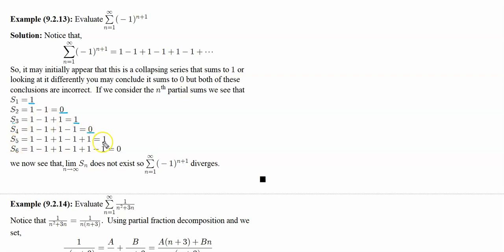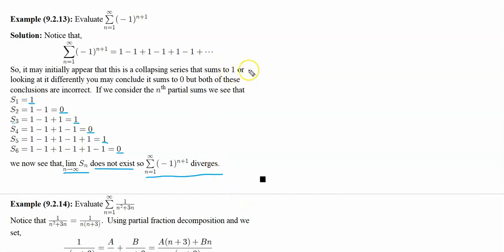And S5 is 1. S6 is 0. So now you can see that you have this alternating pattern. 1, 0, 1, 0, 1, 0, 1, 0, and so on. So therefore you see that the limit as n goes to infinity of your nth partial sums does not exist, and so your series diverges.